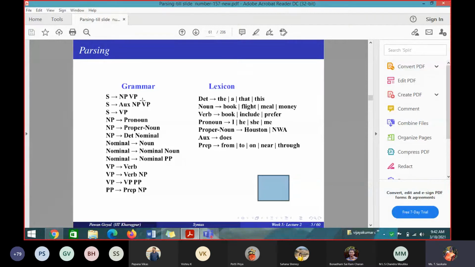Please copy the grammar and lexicon part, the entire production rules, in your notebook, because when I move to the next slides you will not have the rules to say what VP is replaced by. If you have it in the notebook, you can tell me. I'll give 2 minutes. Please copy it fast.